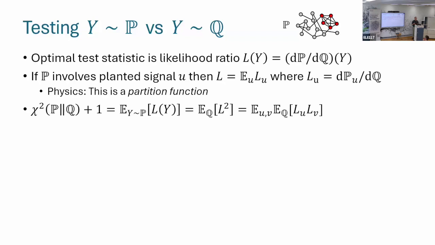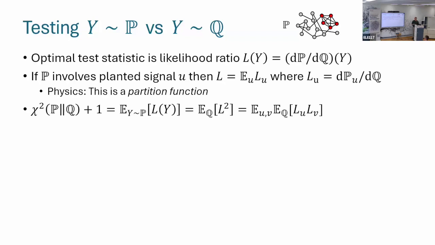But that's actually the same as saying the expected value of L squared when the graph comes from the null distribution. And that's just because dP/dQ changes measure: if you have an expectation over P, you can change that to an expectation over Q, but you have to throw in a factor of dP/dQ.